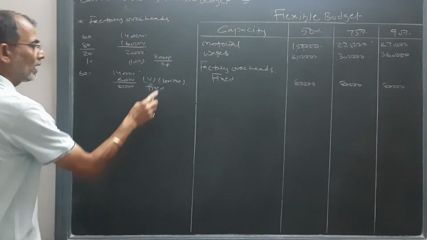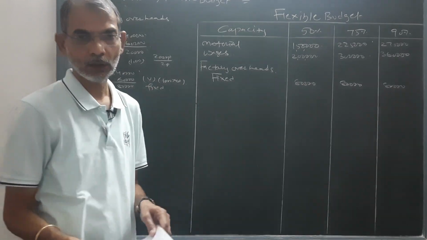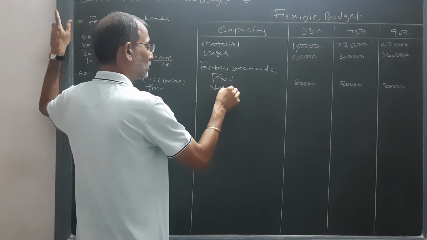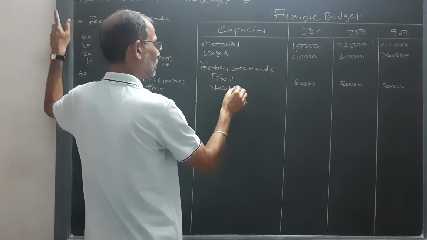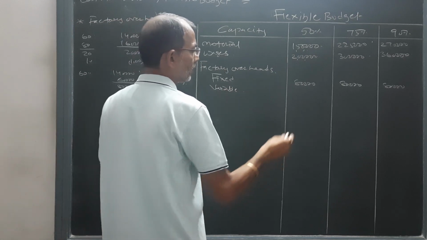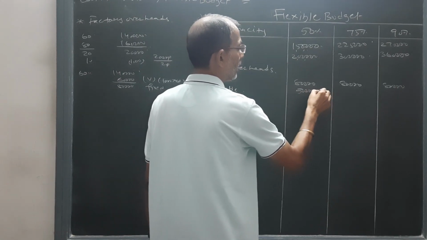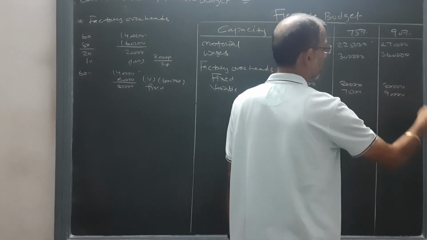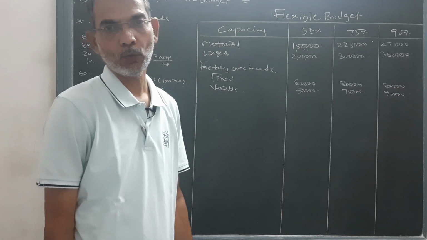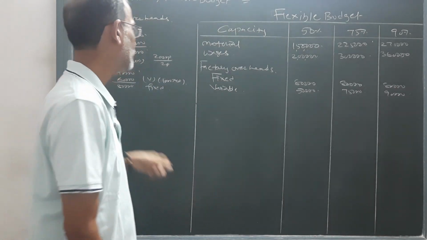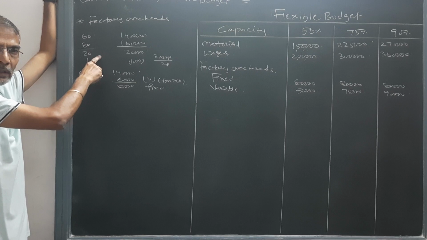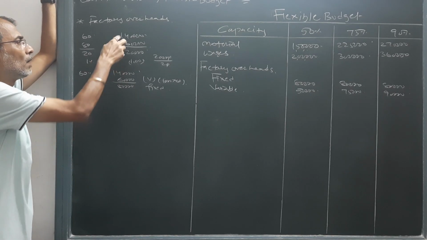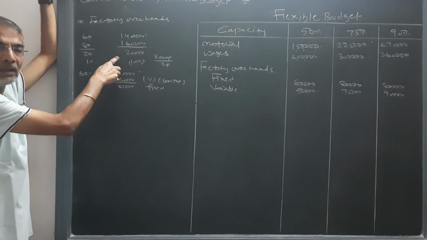Now variable is 1,000 for one percent. So this will be 50,000, 75,000 and 90,000. First you have to find a difference. Difference is 20%, and difference in amount is 20,000.